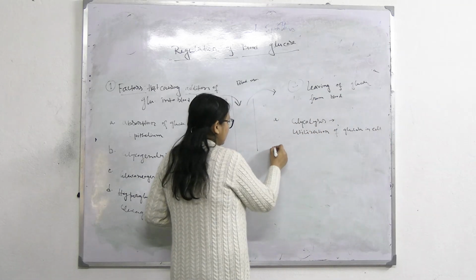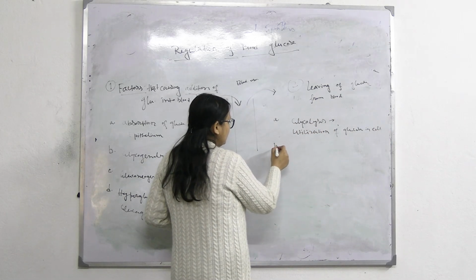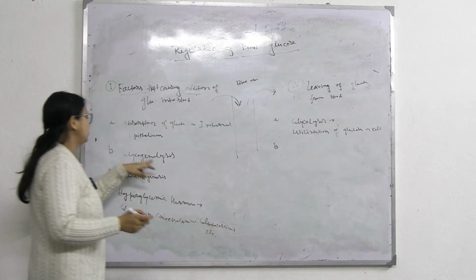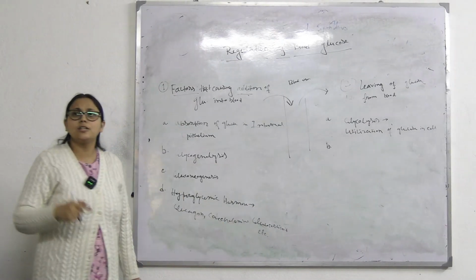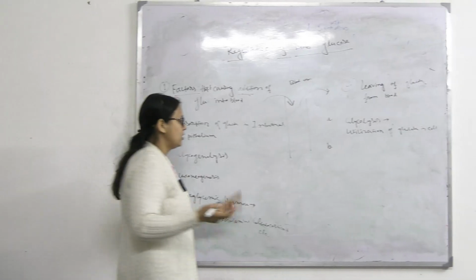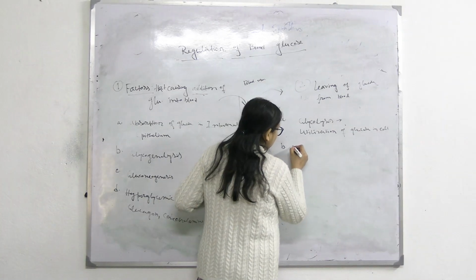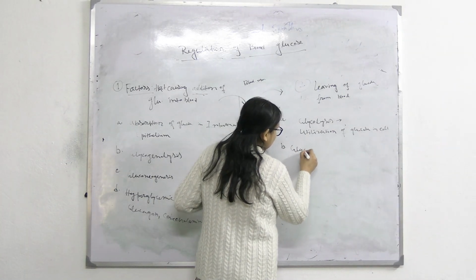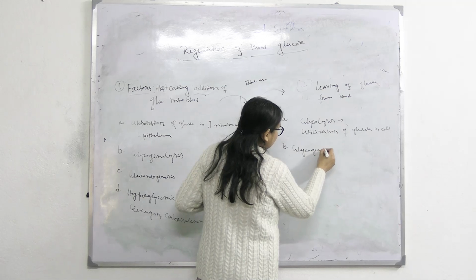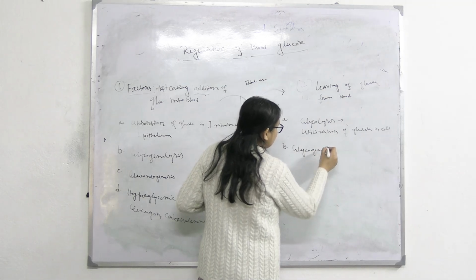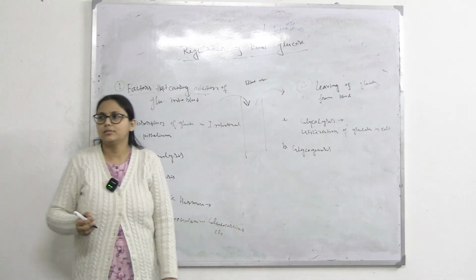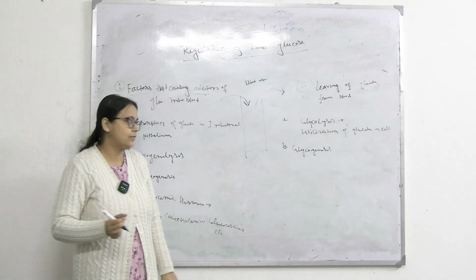Number two, opposite to glycogenolysis, is synthesis of glycogen, glycogenesis. Glycogen synthesis is seen in which organ? Liver and muscle.